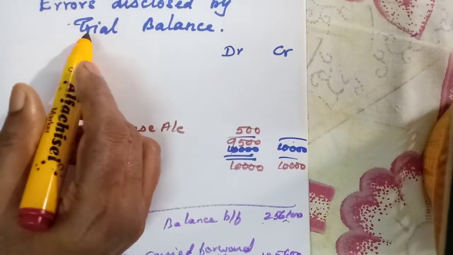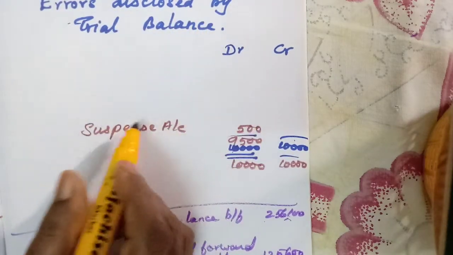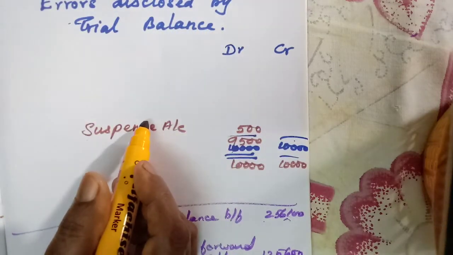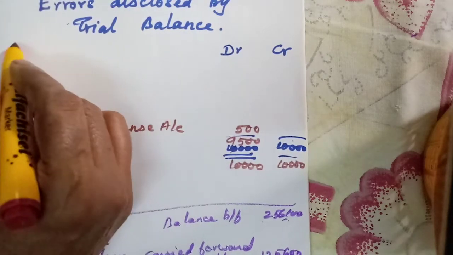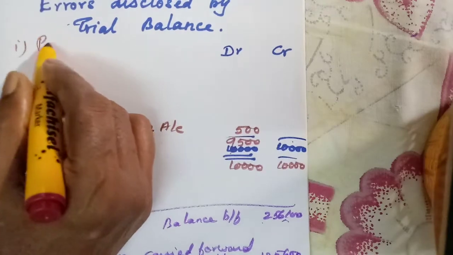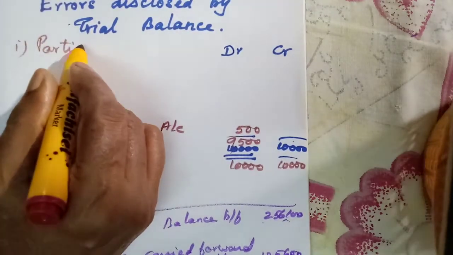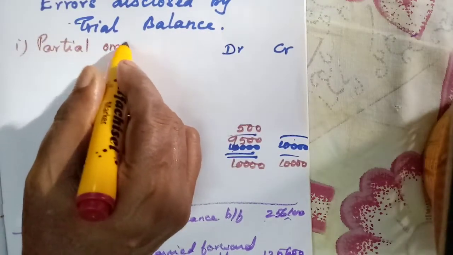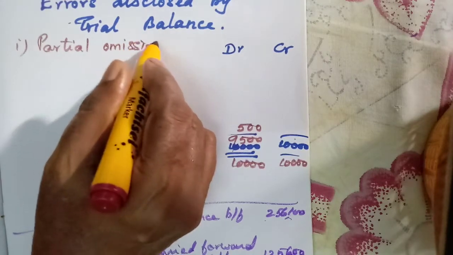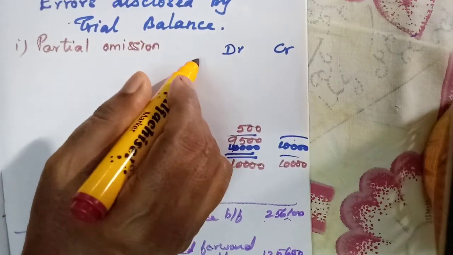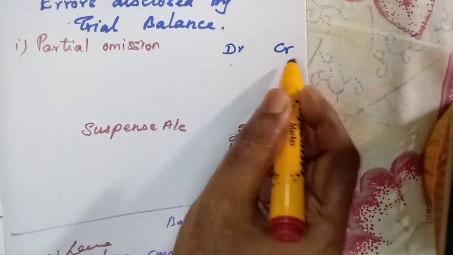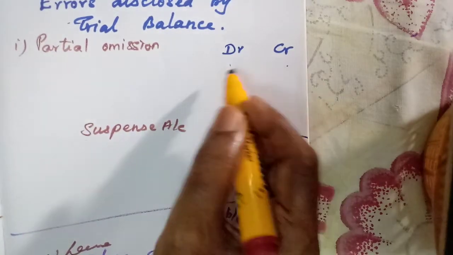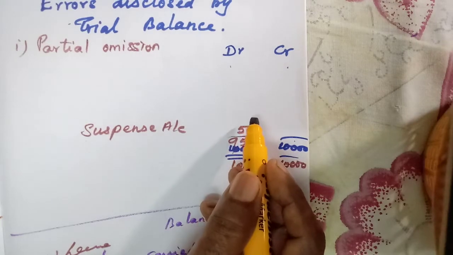Now we will learn what errors will be disclosed by the trial balance, okay. Error of partial omission can be disclosed, isn't it? Because one aspect will be entered and one may not be entered. The debit side will be entered, but if the credit aspect is not entered, it will be shown, isn't it?